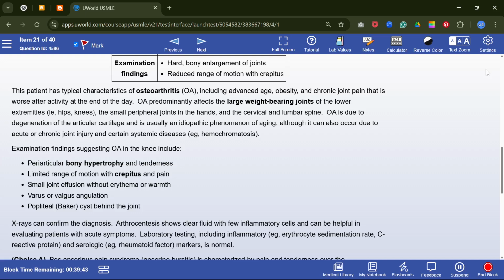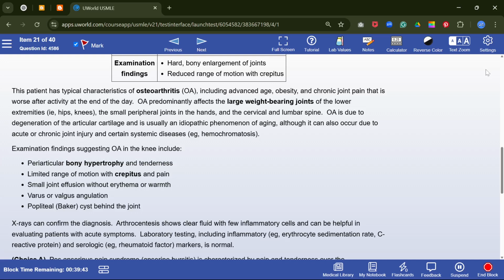Examination findings suggestive of osteoarthritis in the knee include periarticular bony hypertrophy and tenderness, limited range of motion with crepitus and pain, small joint effusion without erythema or warmth, varus or valgus angulation, and popliteal cyst behind the joint.